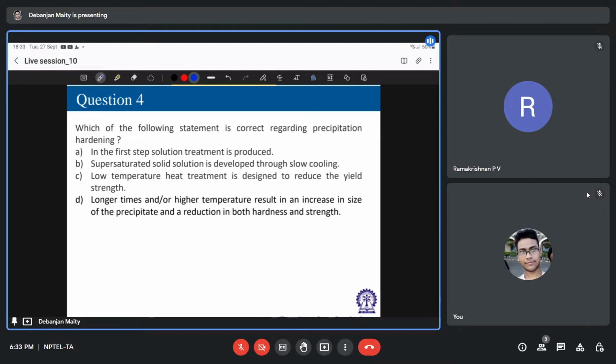So in case of non-ferrous materials, which I will be coming to in the next question, these supersaturated solutions are often soft in nature.